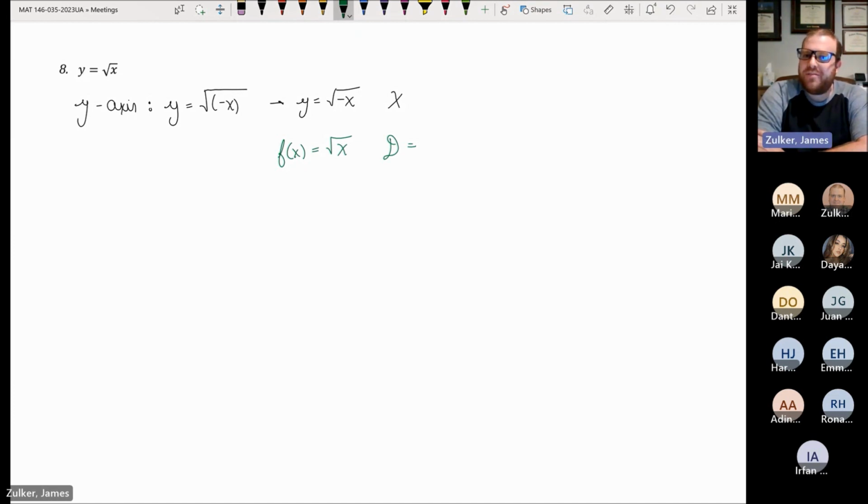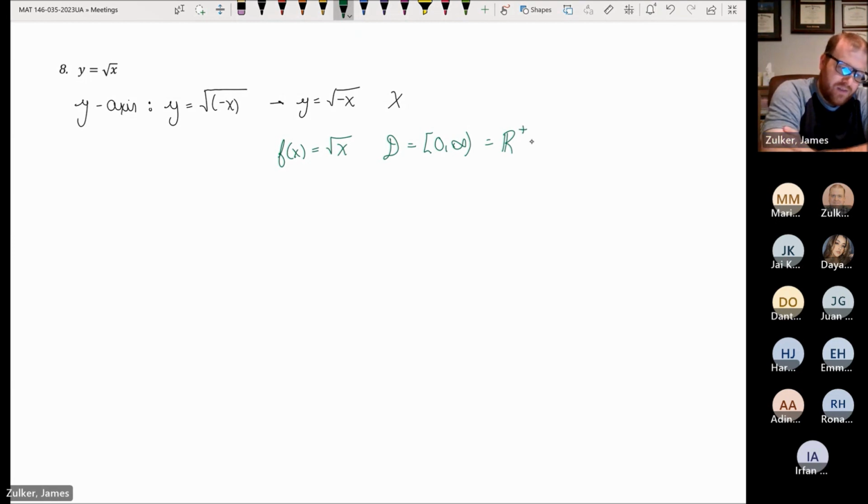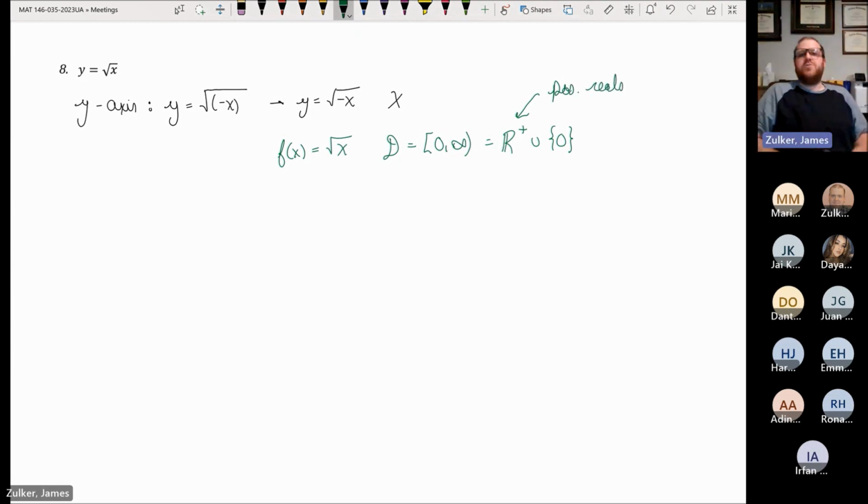Just greater than 0? Non-negative real numbers. So what this symbol here means, those are the positive reals.